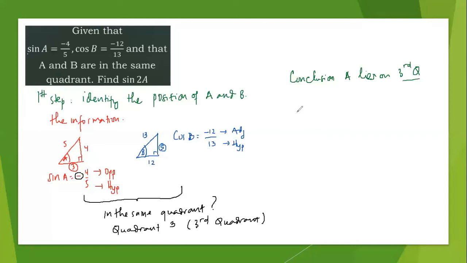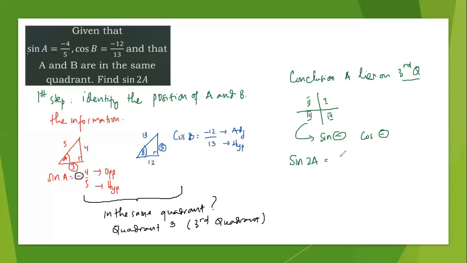That's the position. 1, 2, 3, and 4, so here's the position, right? The third quadrant. Is it clear, everyone? Sine is negative, right? Cosine is negative, right? So the question is sine 2A.